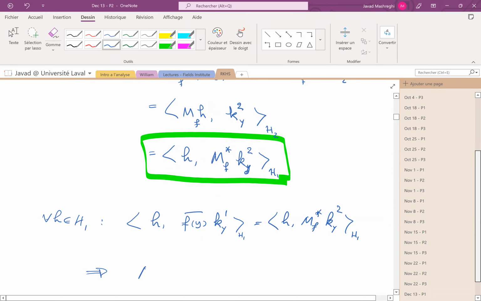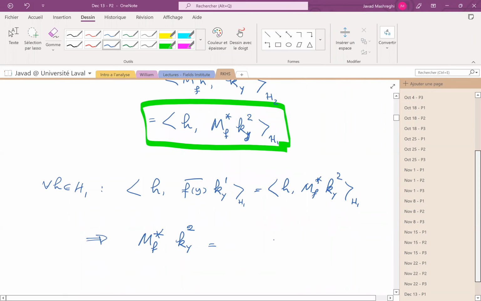Immediately we obtain what we were looking for. M_F star acting on K_y^2 gives us K_y^1 with scalar F(y) bar. So that's the end of the proof.